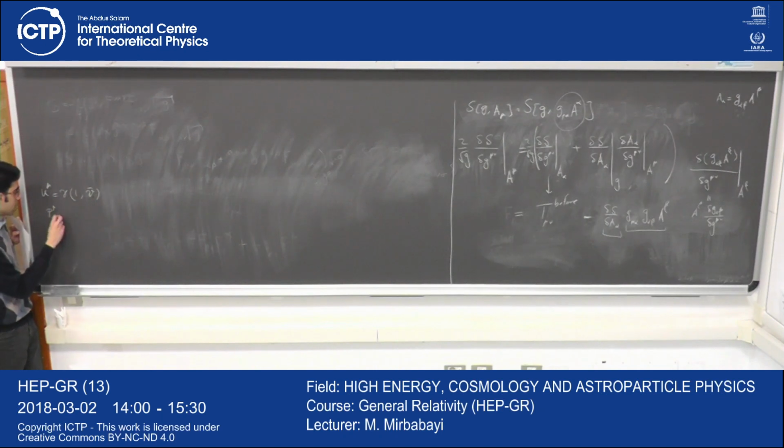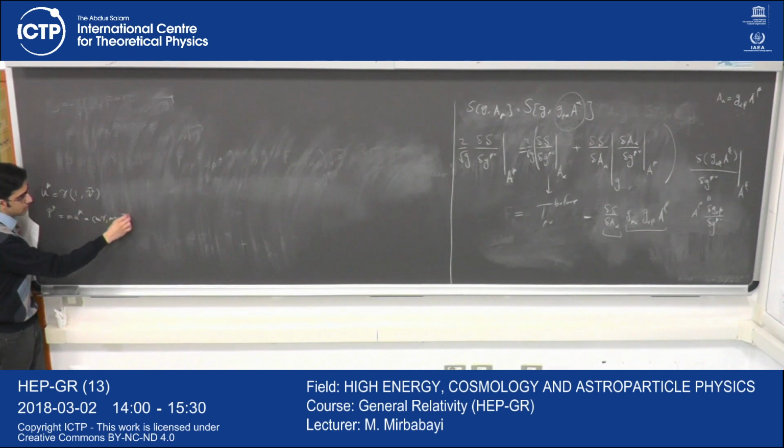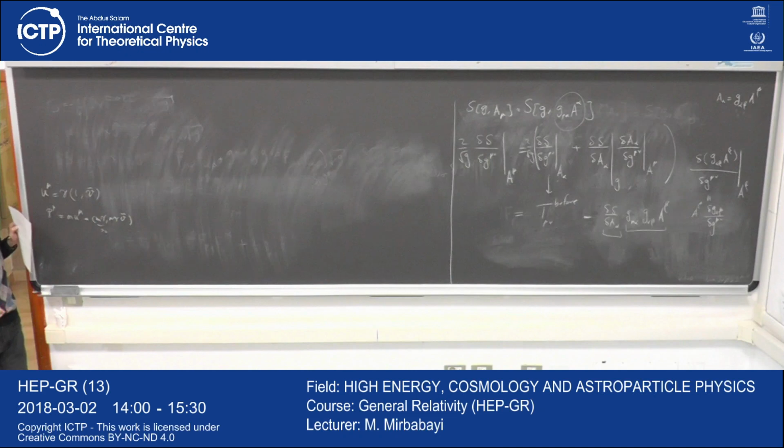It's a matter of convention. I think we usually define P to be M U mu, and therefore this is M gamma V. So this is positive. But it just means that your formula has a minus sign.